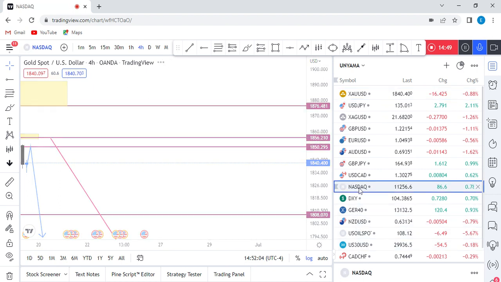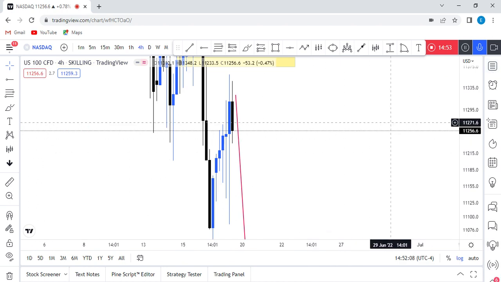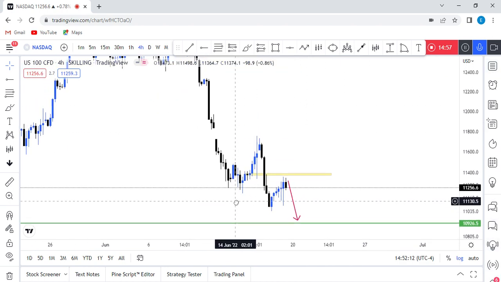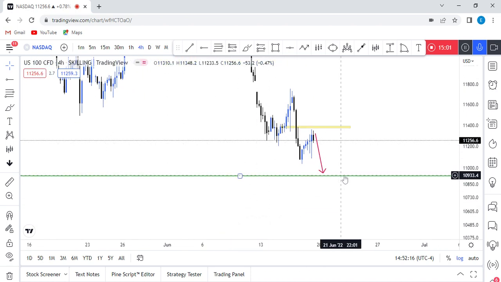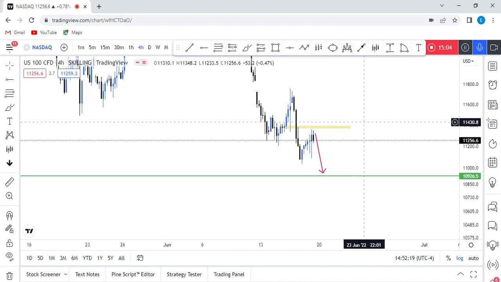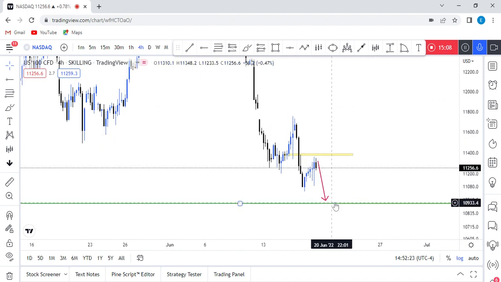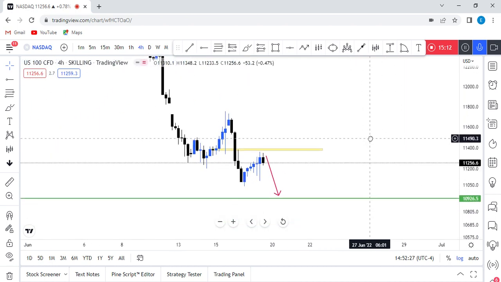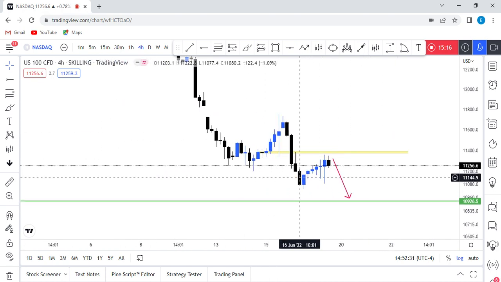Let us see Nasdaq. I think I have this weekly level that will hold the price to the upside, so the market must touch this zone first. How to deal with this for the coming week?